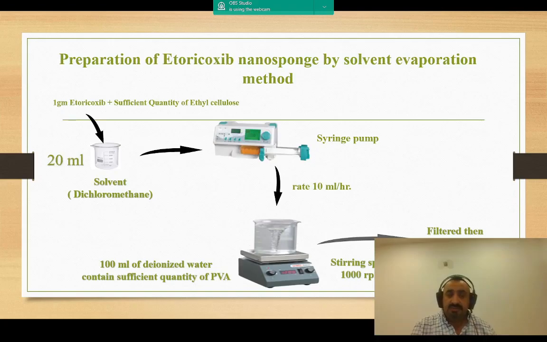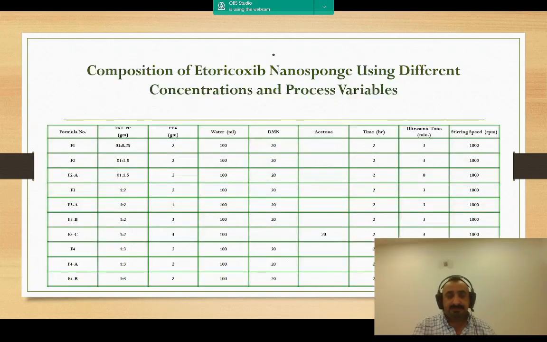The 10 formulations were prepared in the same manner by using a sufficient quantity of internal phase that's composed of Etoricoxib and ethyl cellulose that was slowly added to the external phase, which is polyvinyl alcohol and water, and then filtered and dried for 24 hours in an oven at 40 degrees Celsius.